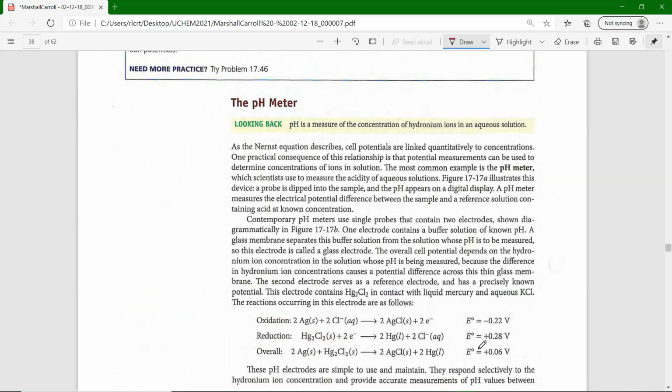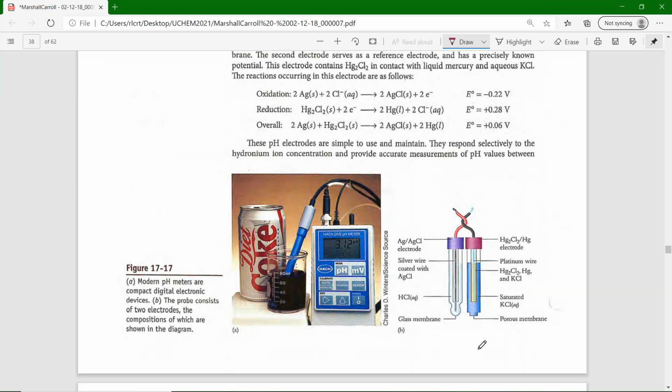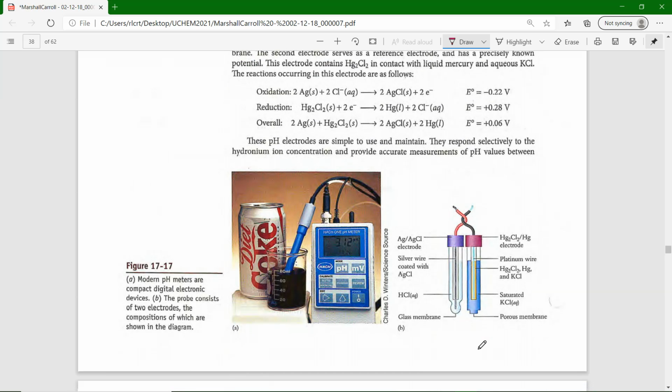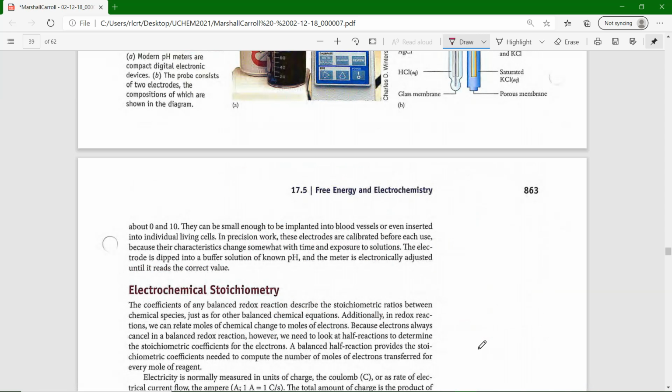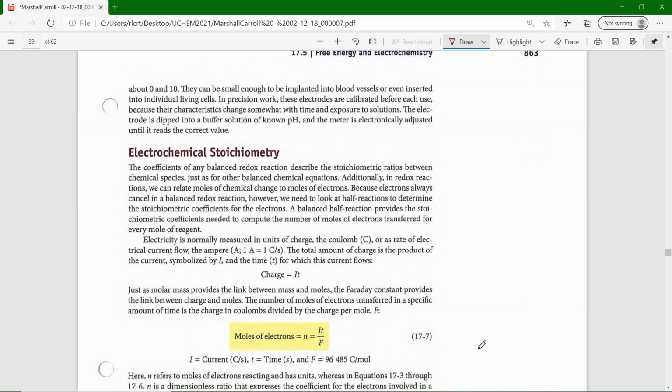A pH meter uses the Nernst equation, and in so doing can get the concentration of H plus, runs it through a current, and you get a readout. Okay? So those are examples of the Nernst equation. I'm sure you'll find some in your Wiley Plus assignments.